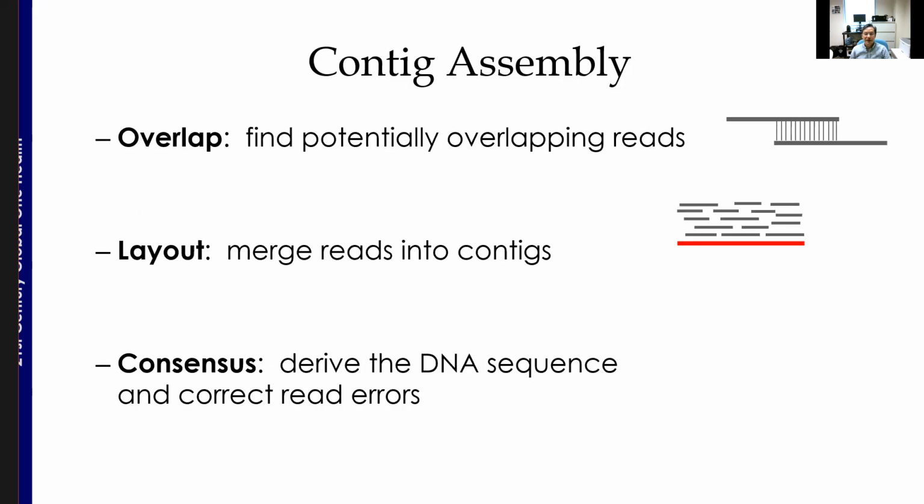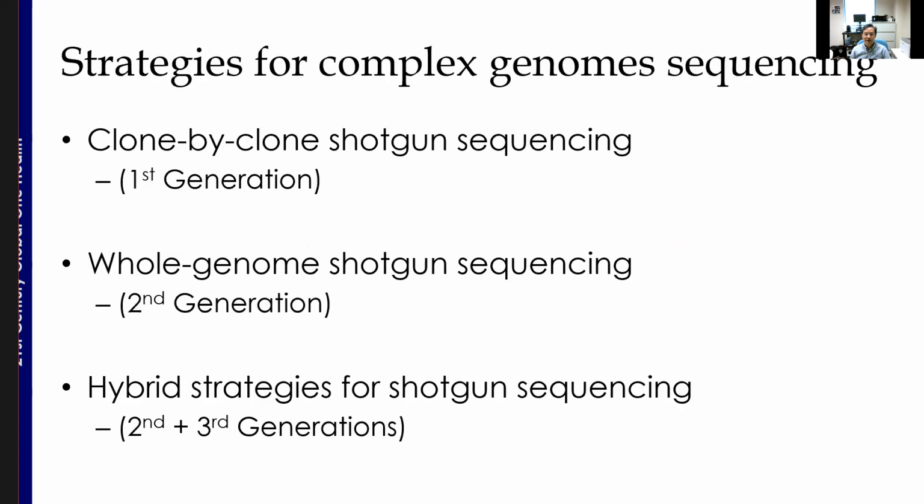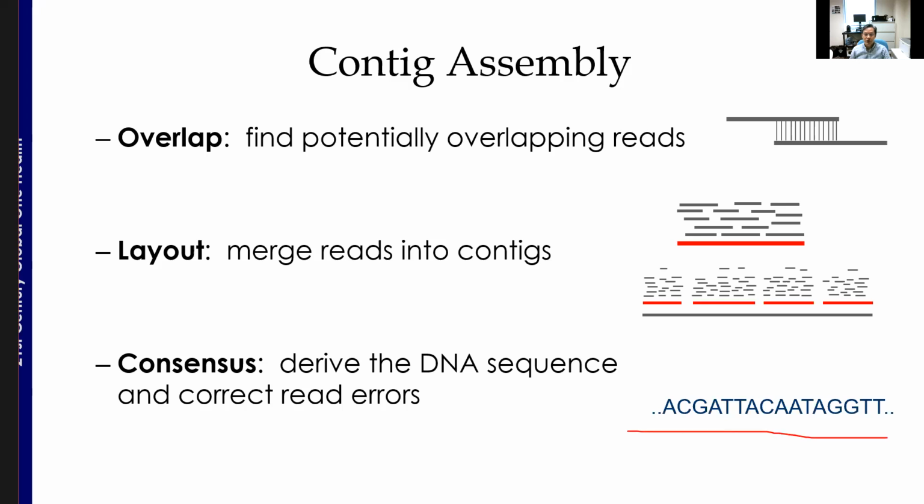The basic steps are to overlap the short reads, lay them out into contigs, and then build the consensus to get the consensus sequence.